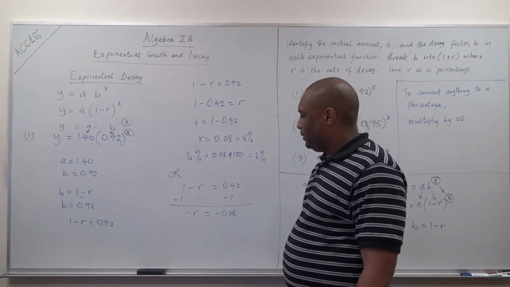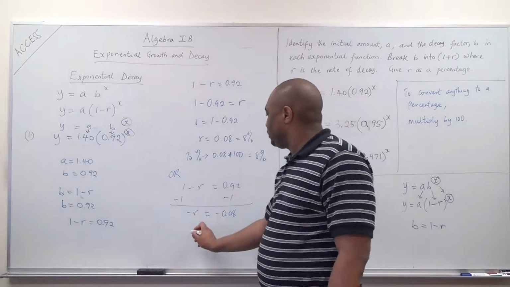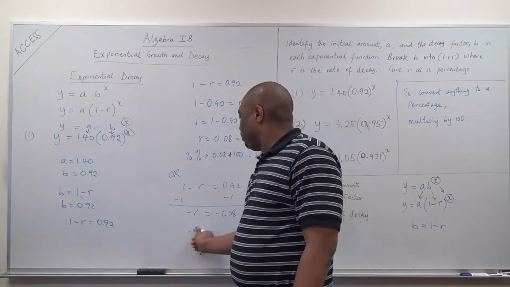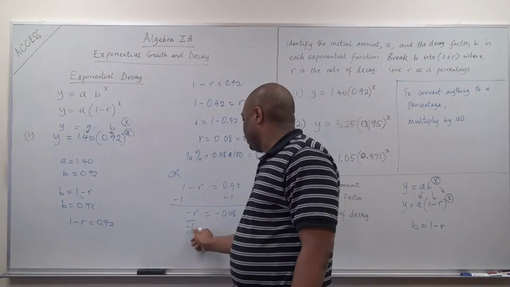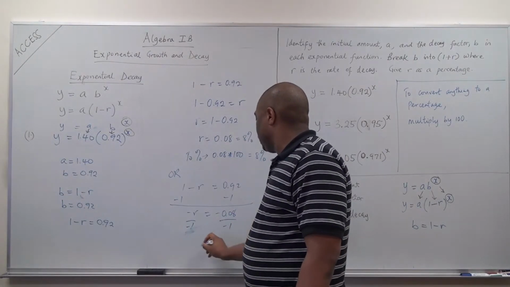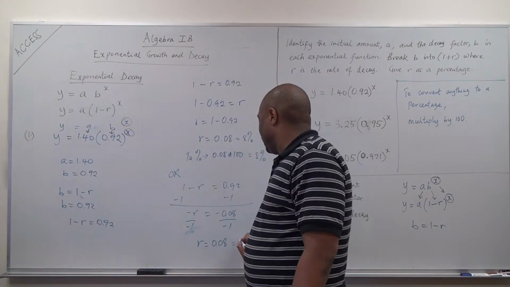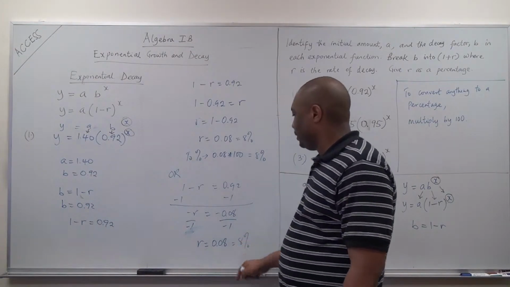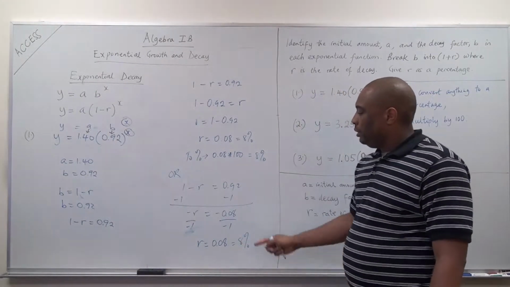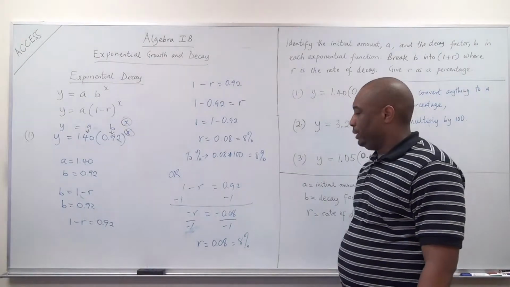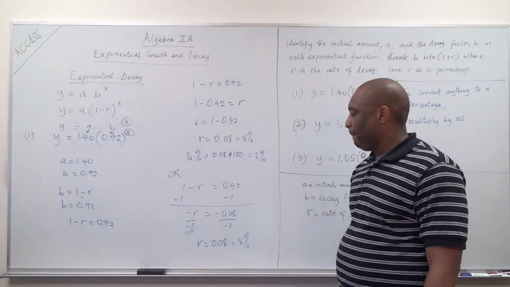Then they divide both sides by negative 1, and your R becomes 0.08, which is 8% if you multiply by 100. This is where some of your teachers will do it, and it's still correct.